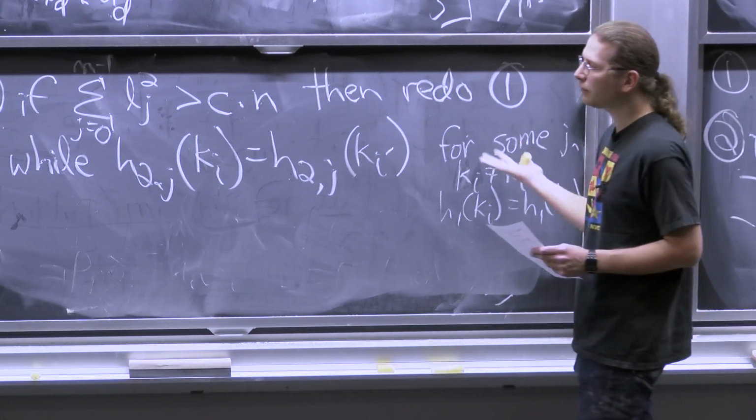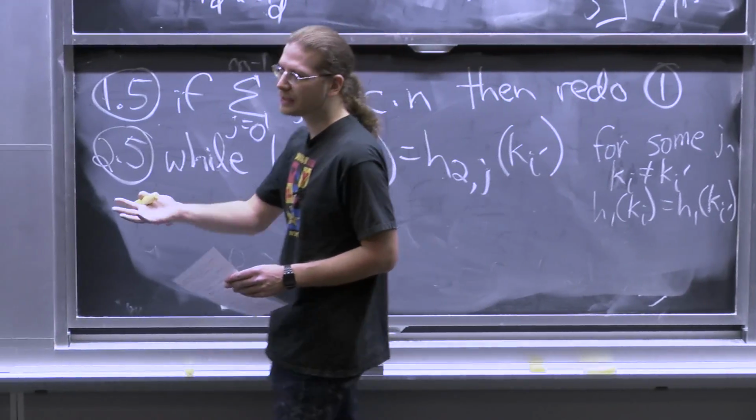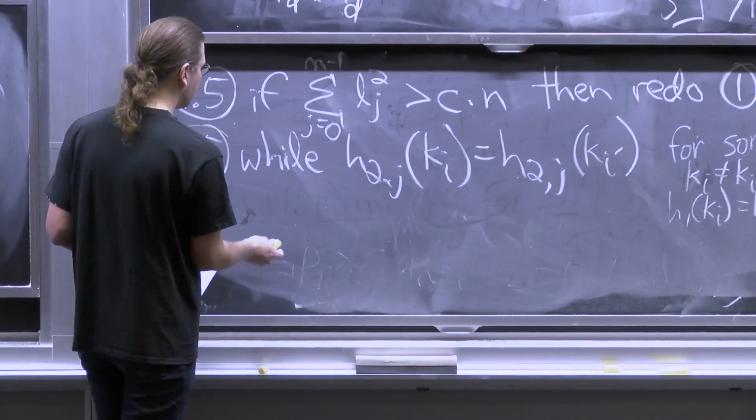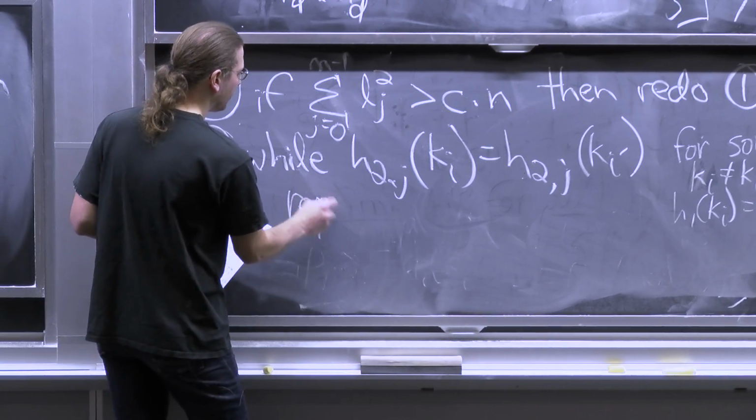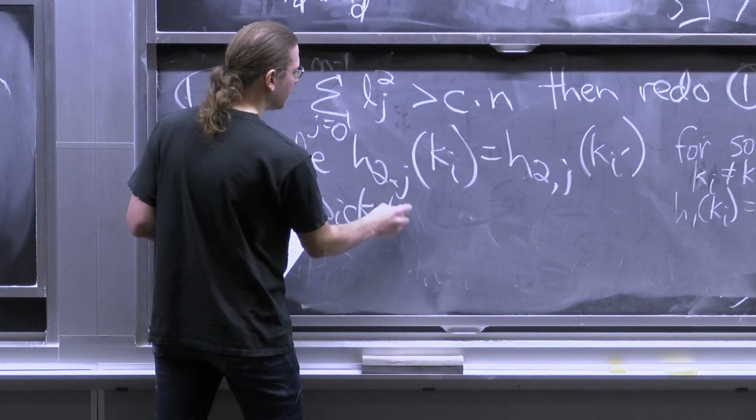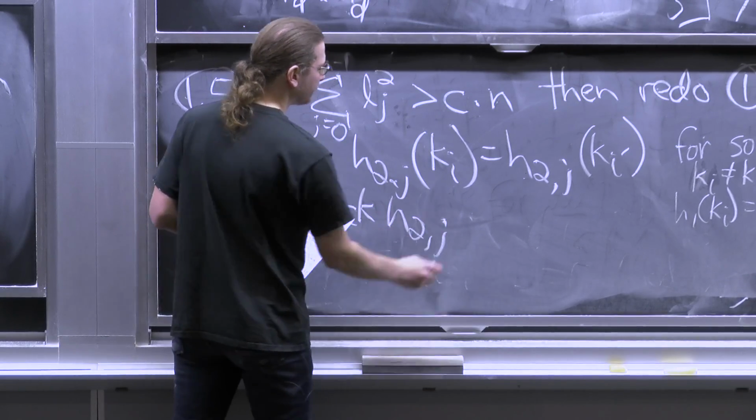Okay, so if 2 keys map to the same secondary table and there's a conflict, then I'm just going to redo that construction. So I'm going to repick h2j.